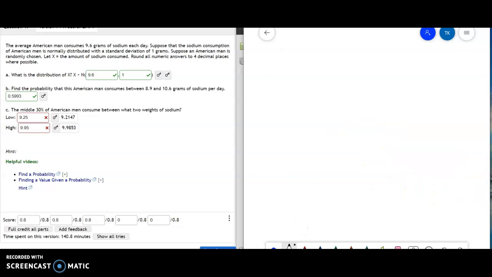Okay, so in part C, let's look at the situation that we have. We are given a normal curve, and we're told that the average, the mu, is 9.6, and the standard deviation, the sigma, is 1.